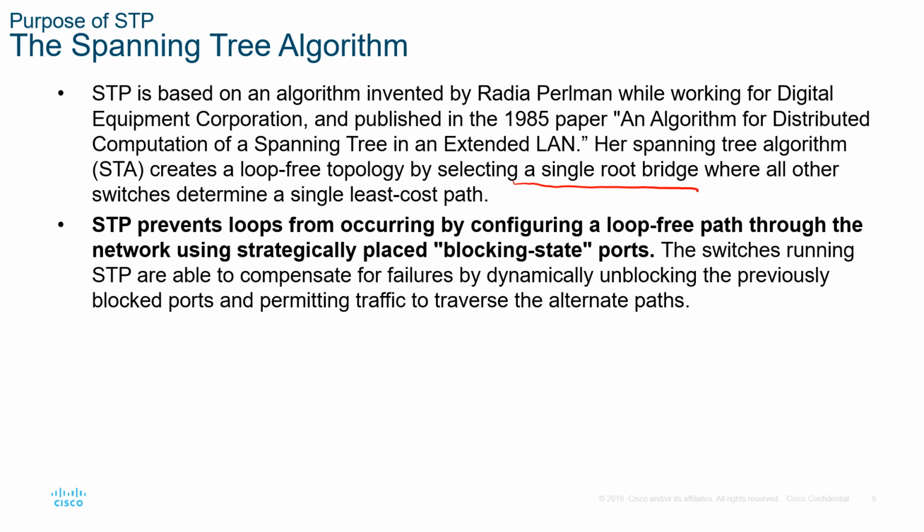If you have an alternate path and more than one switch to forward the frame to the destination, STP will first select a single root bridge, and the other switches that are not the root bridge will determine the single least cost path. But I will explain in detail the implementation of STP in the next video.